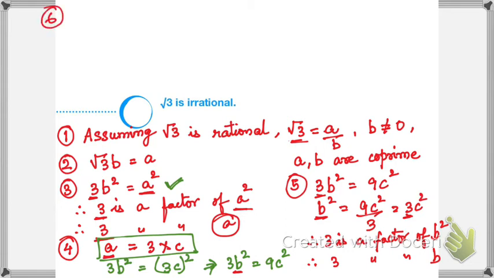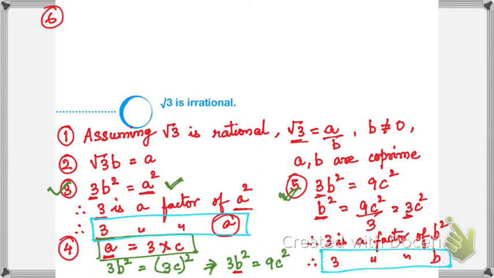Now in step number 6, what we will see, that from step number 3 and from step number 5, we have noticed, we have once written that this 3 is a factor of a, and we have again written that this 3 is a factor of b.